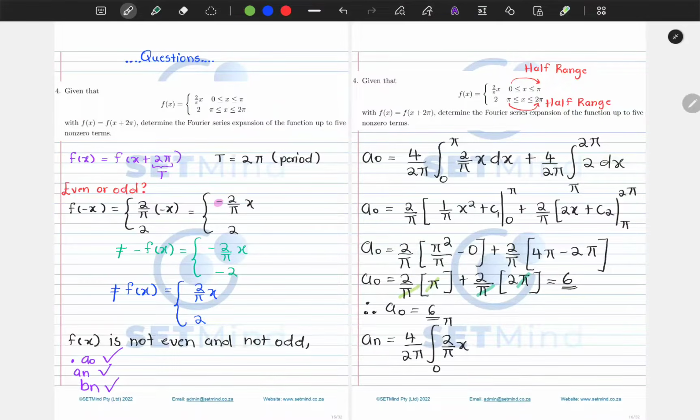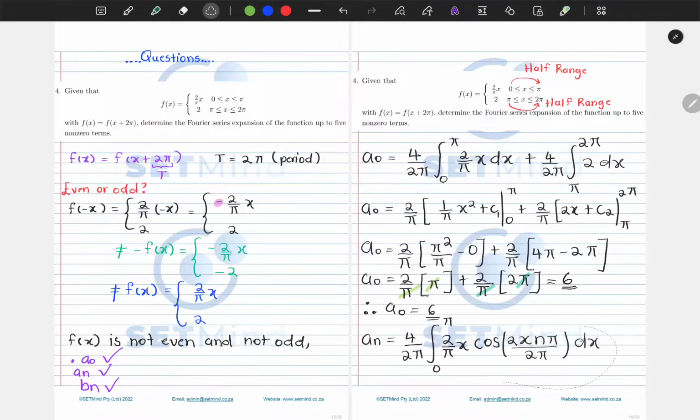Remember, with an, what we need to do is multiply by the cosine function. So we'll have cos of 2x times n pi, divided by the period, which is 2 pi, and then dx.